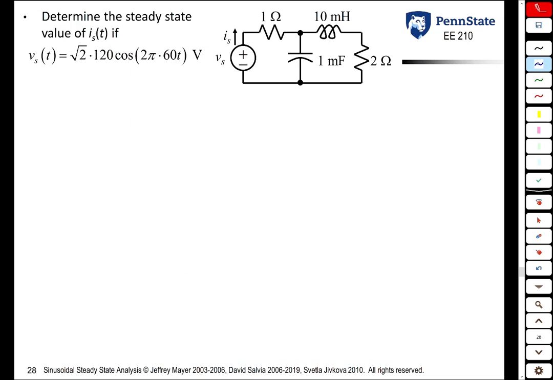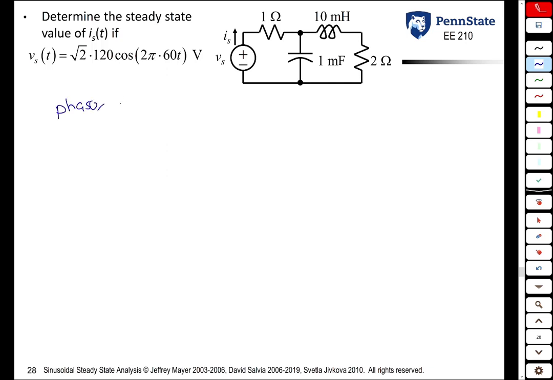In this example, we're given a circuit with a capacitor, an inductor, a couple resistors, and a sinusoidal voltage source, and we're asked to find the sinusoidal steady state current, i_s(t). The way to solve this is to find the phasor domain equivalent of this circuit and then solve it.